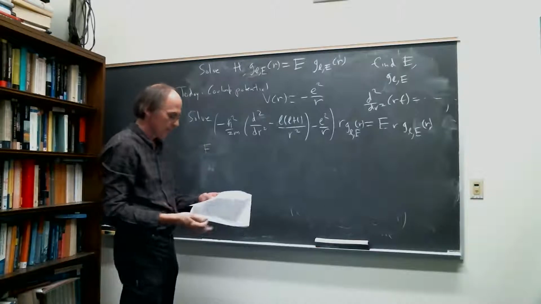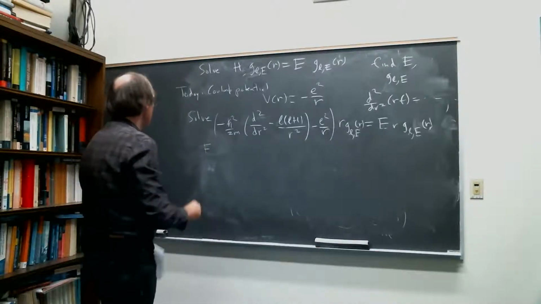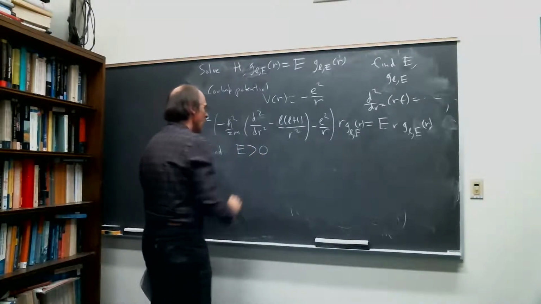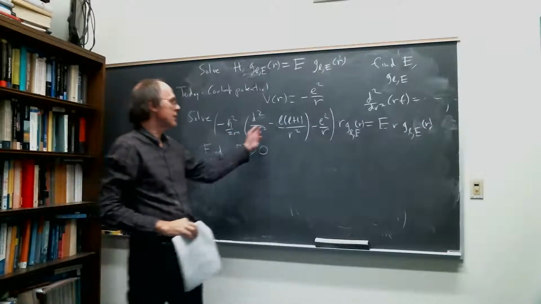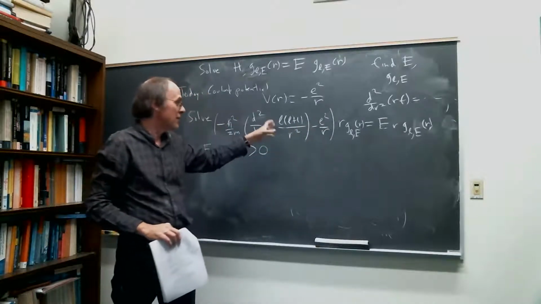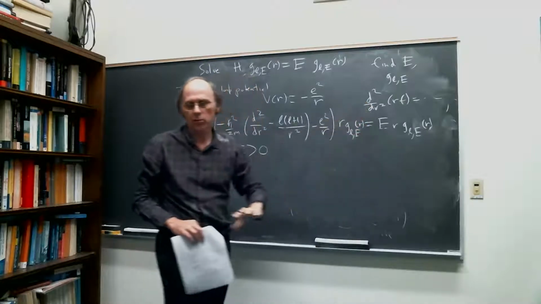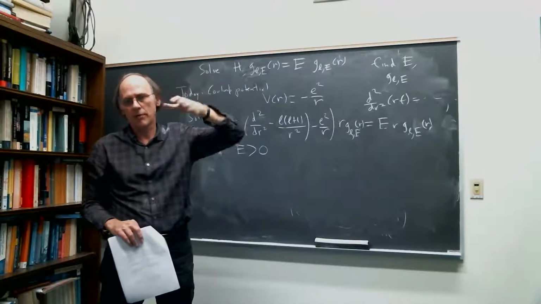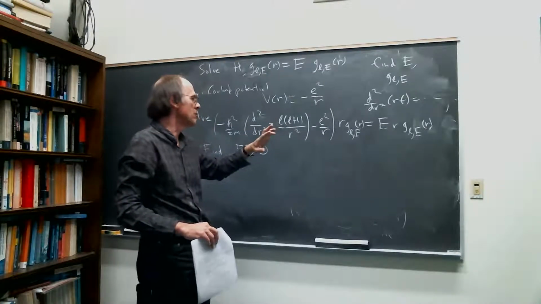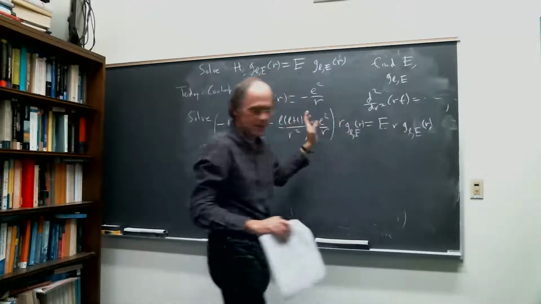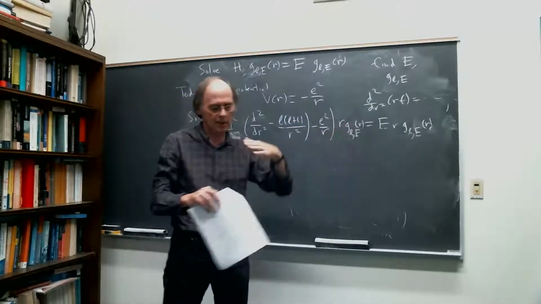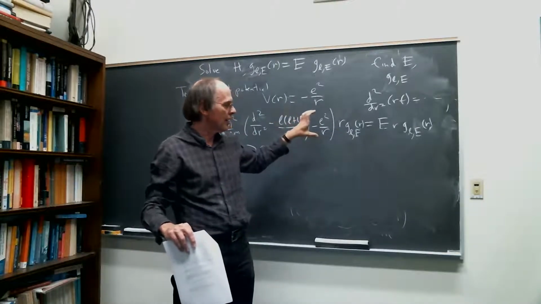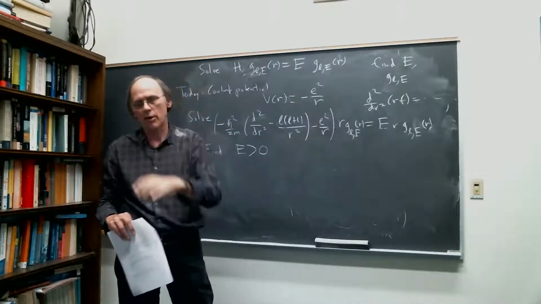What you find is, for E greater than 0, you find things like your plane wave solutions. You find a continuum of solutions. People don't normally in this kind of class try to write those down, but basically if the energy is high enough, the solutions are just plane waves that come in and scatter off this thing.